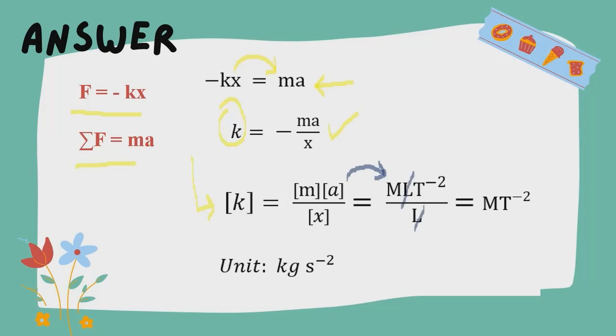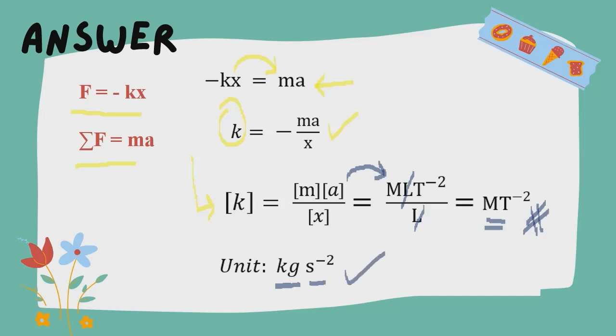So the L here can be crossed out, and then you are left with MT negative 2. So this is the dimension for constant K. And then the SI base unit is just one extra step from your final answer for dimension, which is M is mass, therefore the SI unit is kg, and the time SI unit is second. So you get kg s negative 2 for the unit.